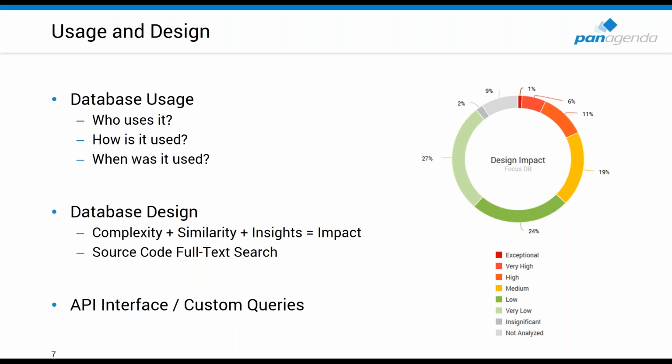All that results in a database impact, and this impact is what you see here in the chart on the left-hand side, where we categorize databases by their severity according to the impact. Also, full text search of your entire source code is possible. I'm going to show you that right away.